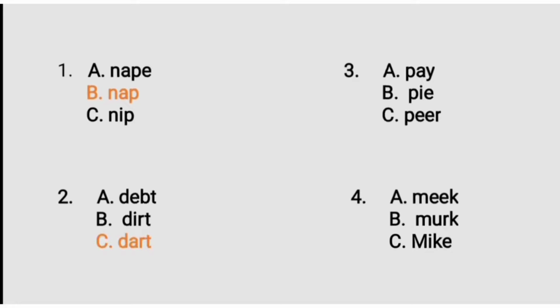Number 2. Dart. The word I read was D-A-R-T, dart. Number 3. Pay. The word I read was P-A-Y, pay. Number 4. Murk. The word I read was M-U-R-K, murk.